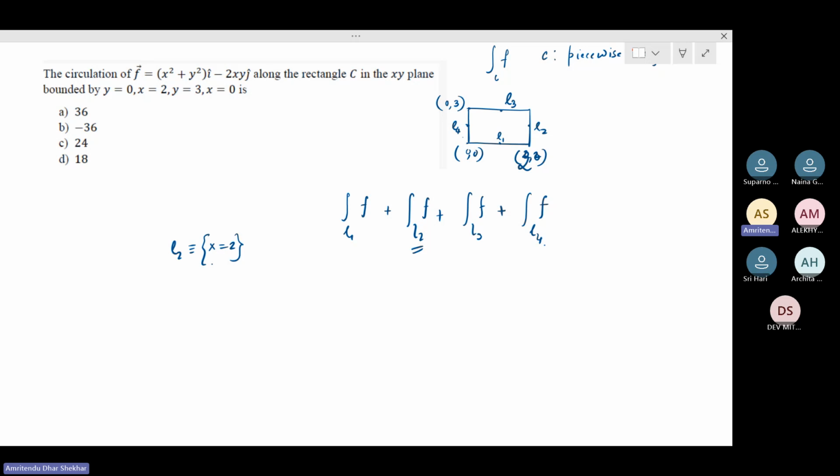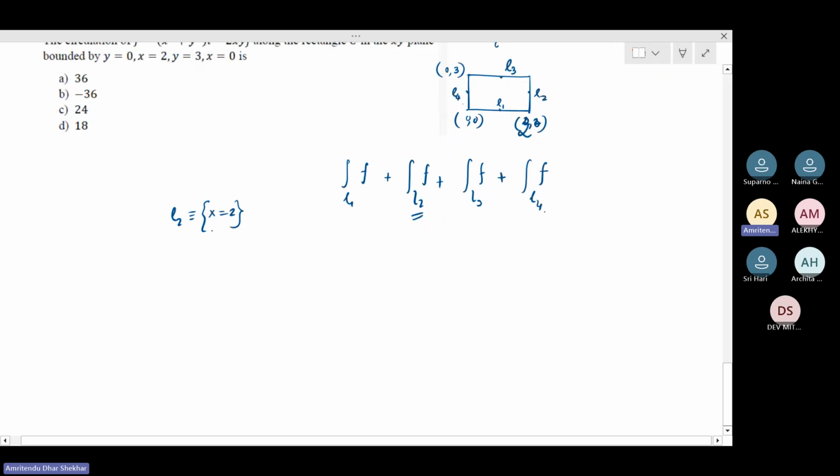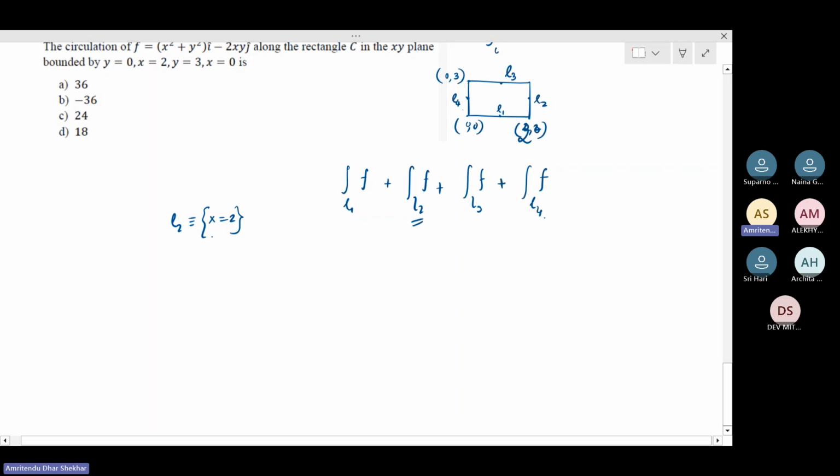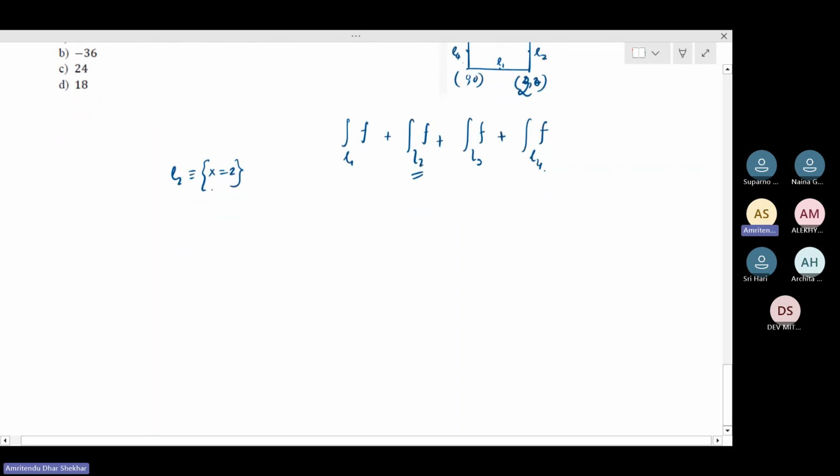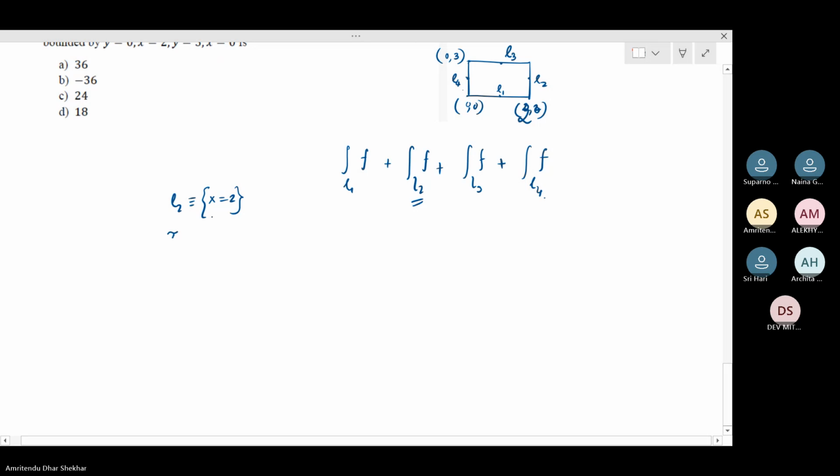And what is the tangent vector? The tangent vector along L2 is just j cap.